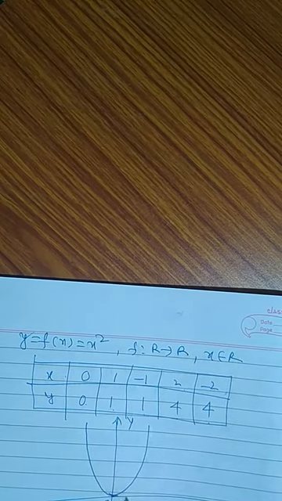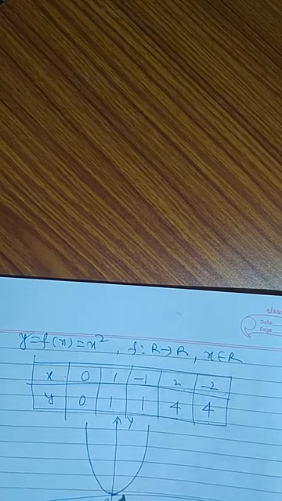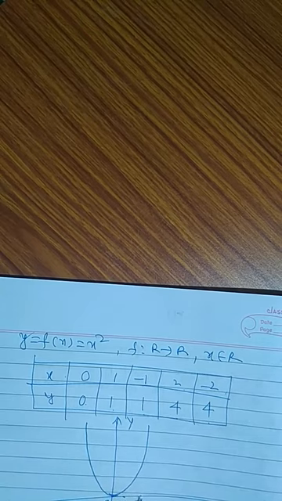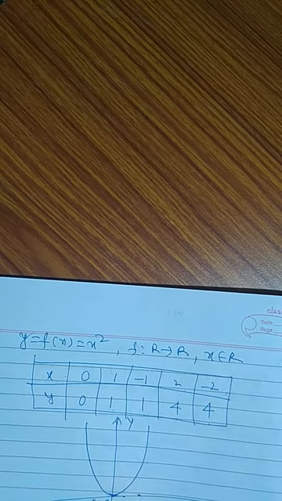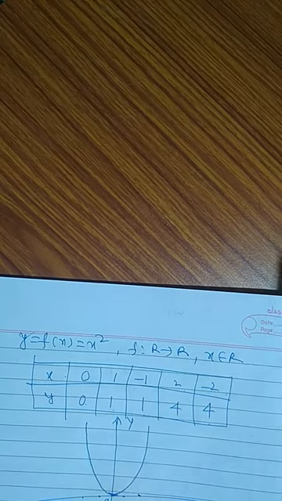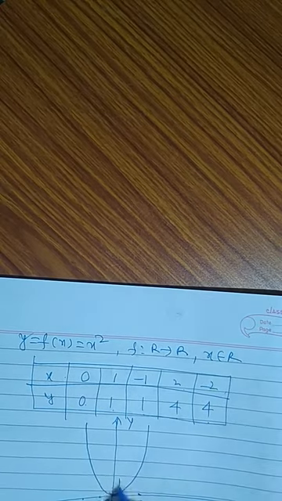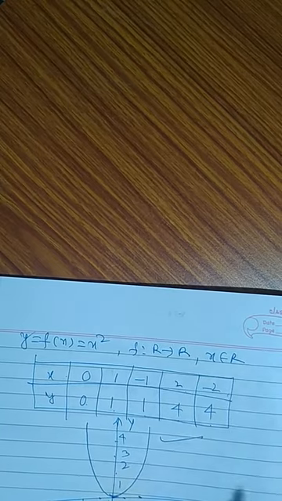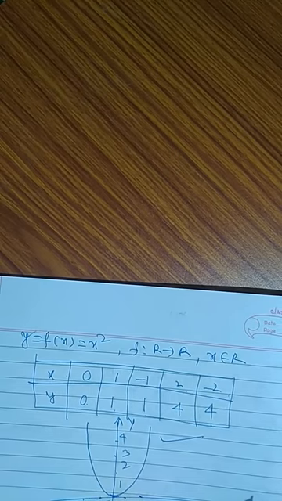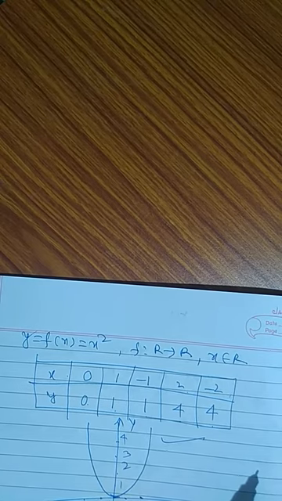X is 0, 1, minus 1, 1, 2, minus 1, minus 2, like this, and you will get the points here. 1, 2, 3, 4, mark the points, you will get the graph of a parabola. This is one example of a polynomial.